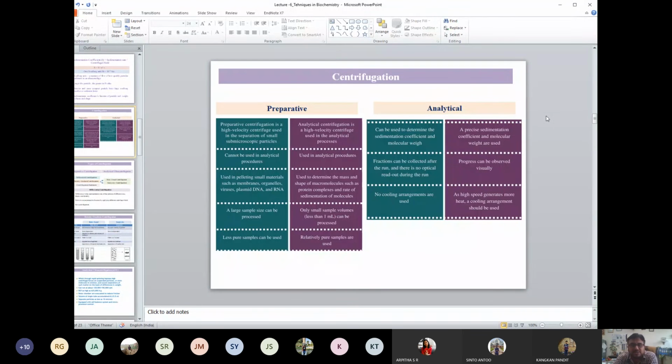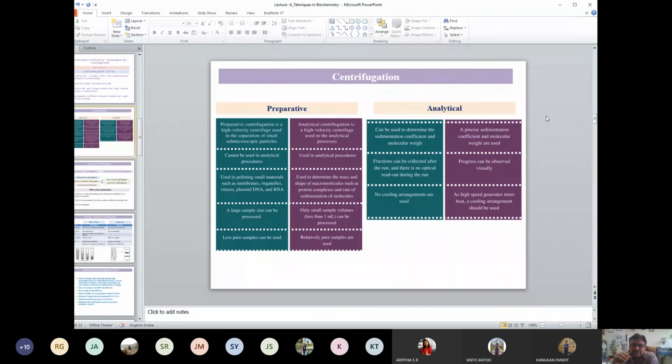If you see the third point, a large sample size can be processed in case of preparative, whereas in case of analytical you can use a small sample volume, maybe less than 1 ml. So sample volume is one of the important criteria for the classification of preparative and analytical, other than the uses or the purpose.